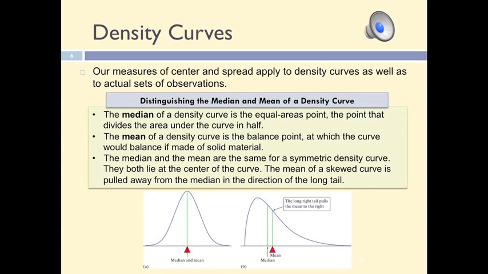The median shows the point that divides the area under the curve in half, whereas the mean, which is drawn towards the extreme observations, shows the balance point. For instance, if you want to hold a shape that describes the density curve on one of your fingers, you must place your finger under the mean to keep it balanced.